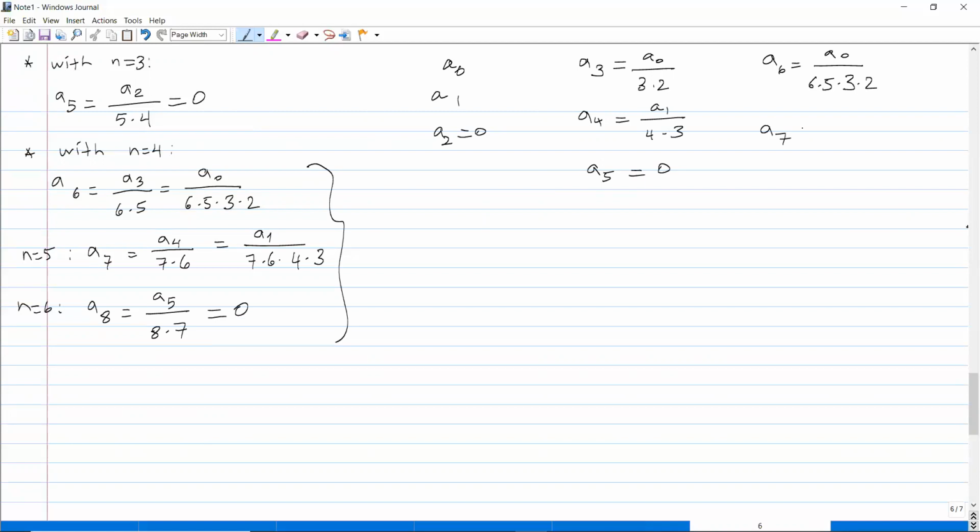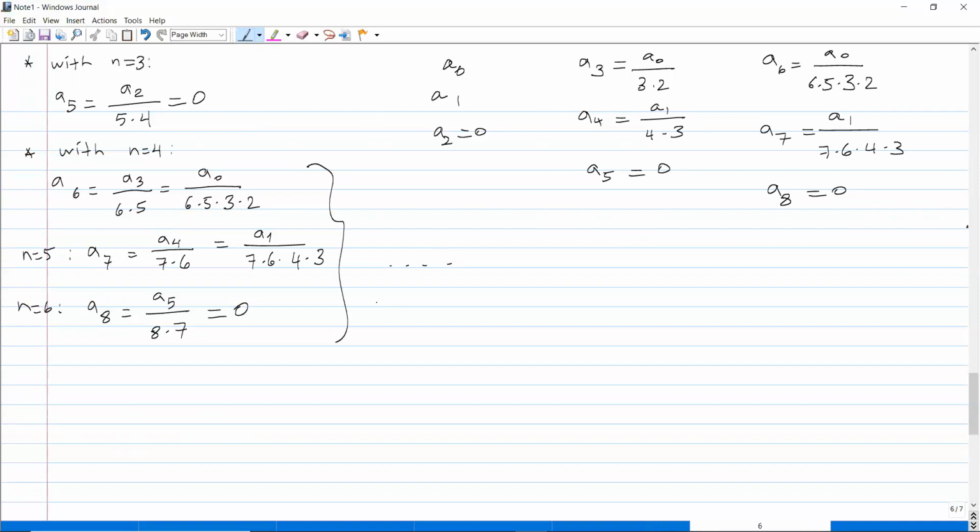Then a7, a1 over 7, 6, we skip 5, 4, 3. Then a8 is 0. And then we will repeat. This pattern is going to repeat itself, so we are going to get terms in groups of 3.